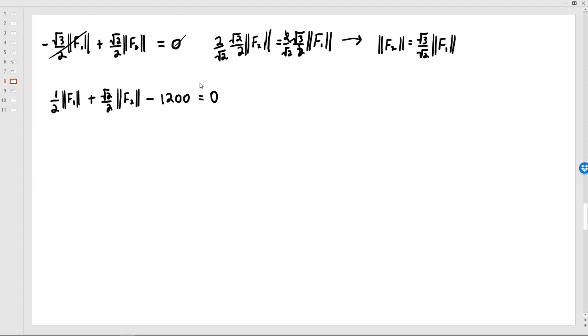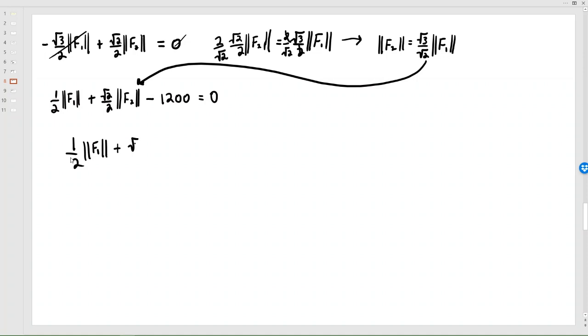Okay, so we now have a value for F2 in terms of this equation, so we can substitute the result for F2 in the other equation. And that gives us 1/2 the magnitude of F1 plus square root of 2 over 2, and for the magnitude of F2, we'll substitute this: square root of 3 over the square root of 2 times the magnitude of F1.